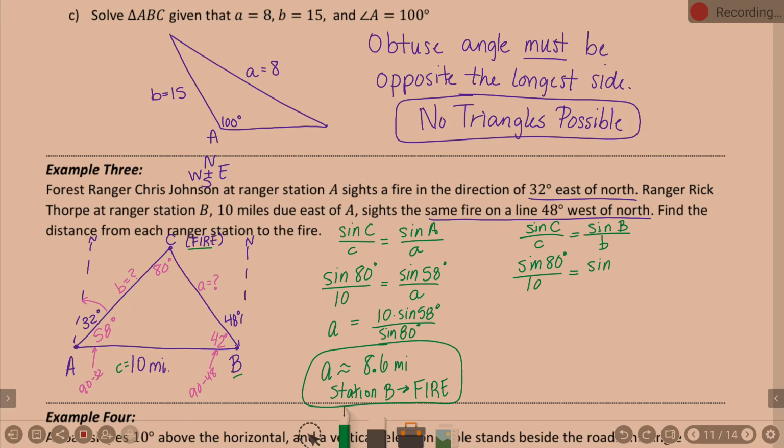Sine of angle B is 42 degrees divided by side B. So in order to find side B, I'm going to do the cross product 10 times sine of 42 degrees, and I'm going to divide it by sine of 80 degrees.